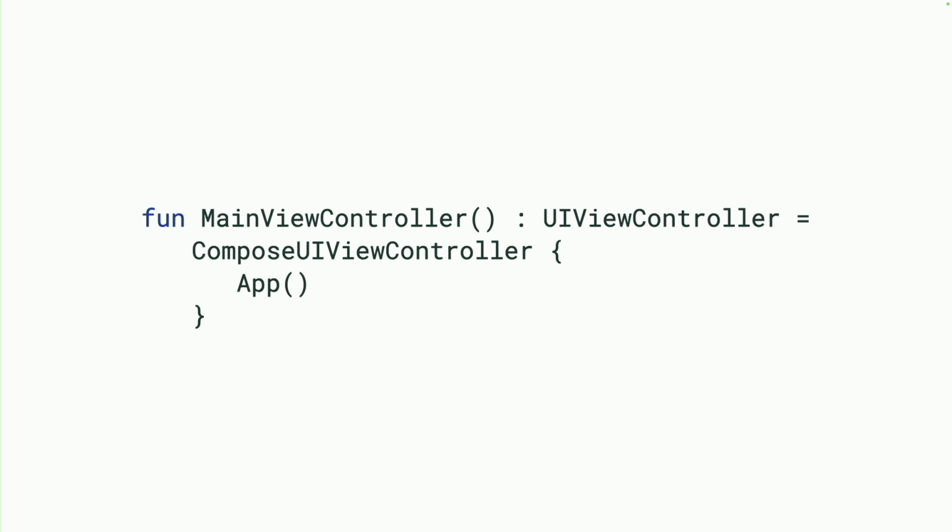However, there's a bit more complexity baked into this ComposeUIViewController, which enables us to pass in the exact same App composable function that we did on the Android side to use that Compose Multiplatform UI on our iOS app. Within this ComposeUIViewController, if we dig deeper a few layers, we'll get to a lot of usages of this library called Skiko.